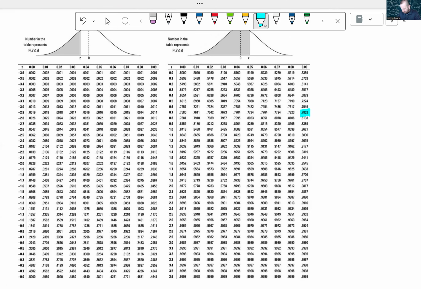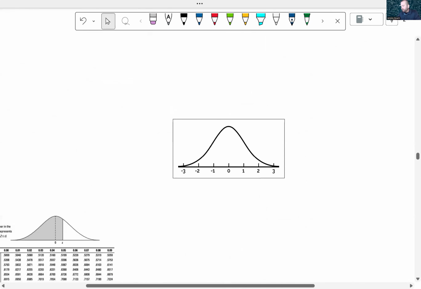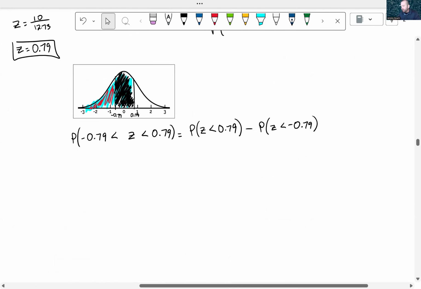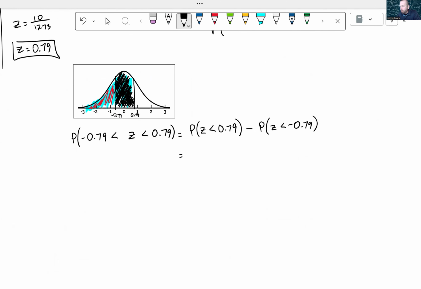And then we want -0.79. So there's -0.7 and there's the 9. Okay. So I'm going to rewrite those values now up here so that we can have them here. So for z less than 0.79, that z value was 0.7852 on our z table.